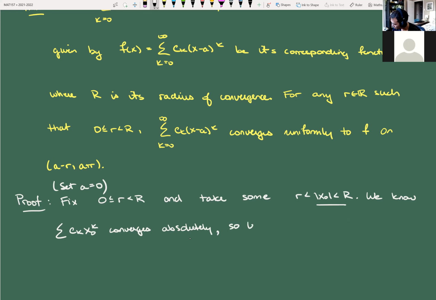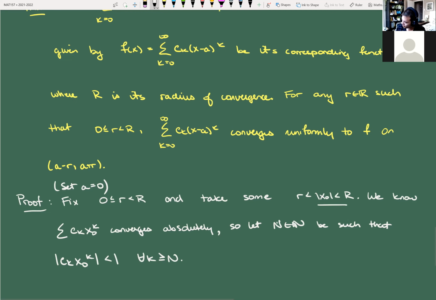So let, again, capital N in the naturals be such that the absolute value of c_k x naught to the k is less than 1 for all k greater than or equal to N. Okay, that's our usual trick. We know that series converges absolutely, so in particular its sequence has to go to 0. So just go far enough in that it's less than 1.